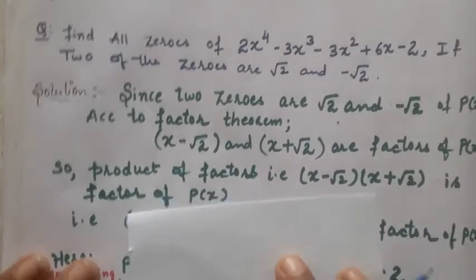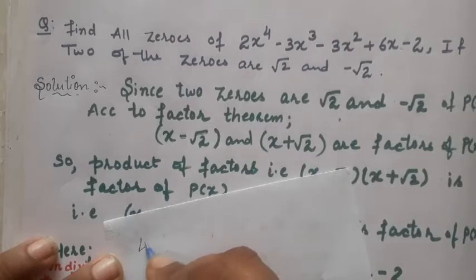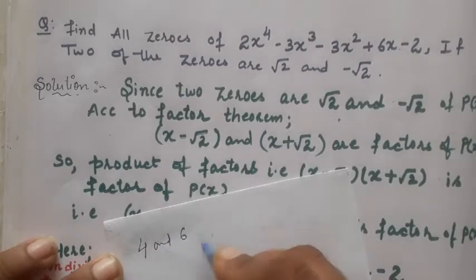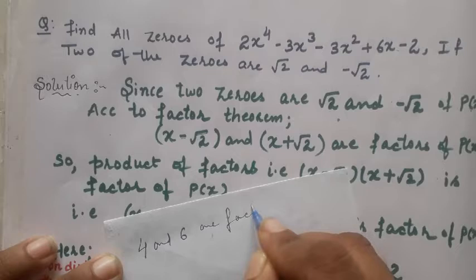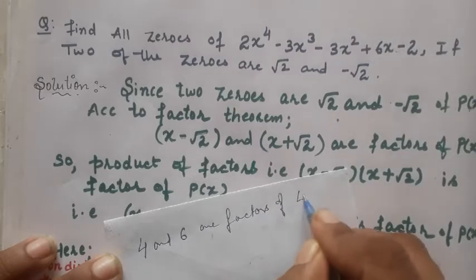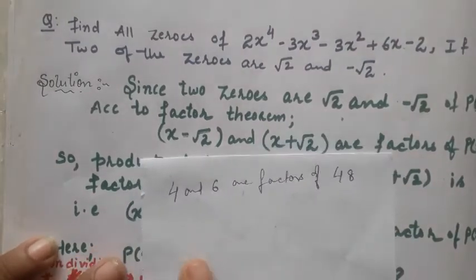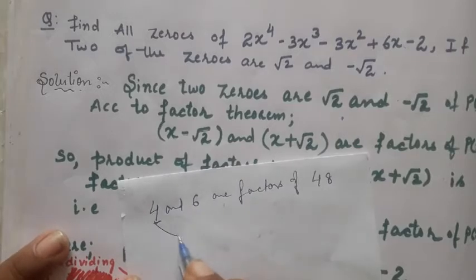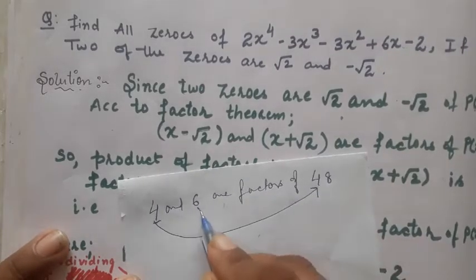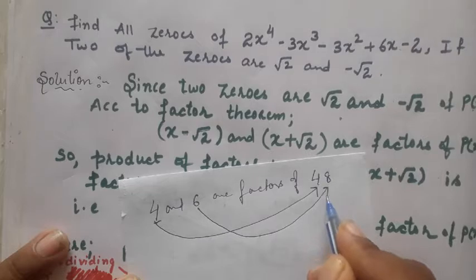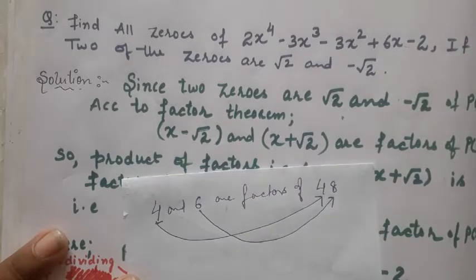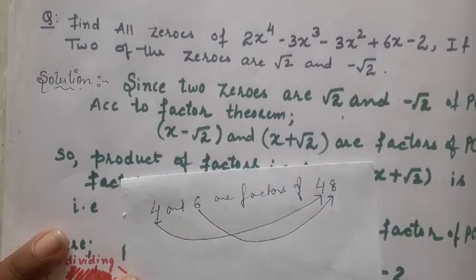Now we will take one example here. For example, 4 and 6 are factors of 48. Why? Because 4 completely divides 48 and 6 also completely divides 48. So these are the factors of 48.